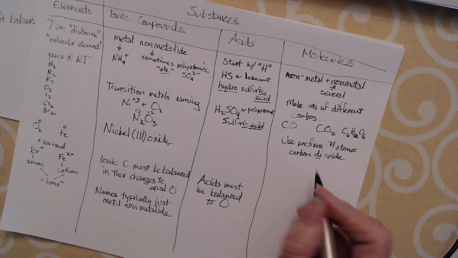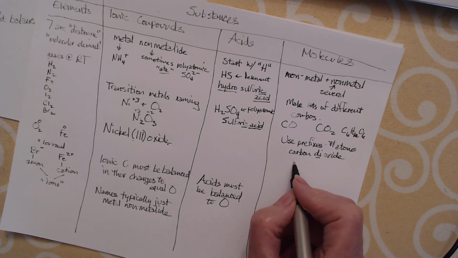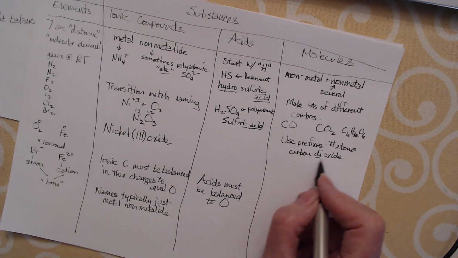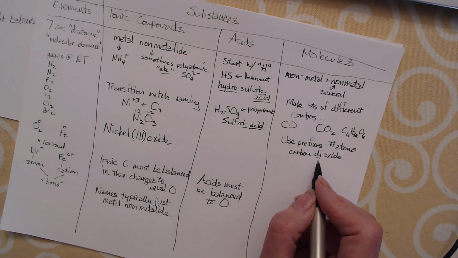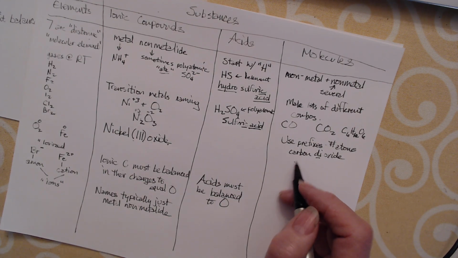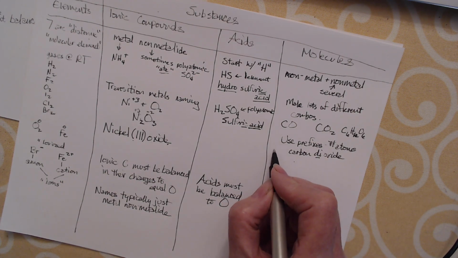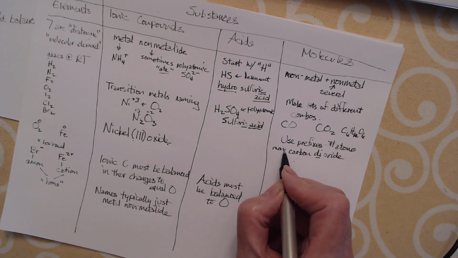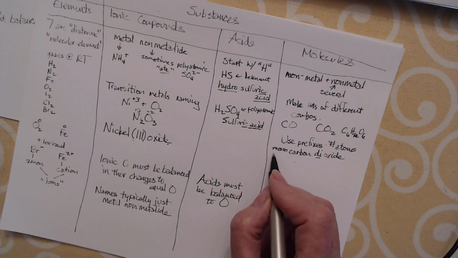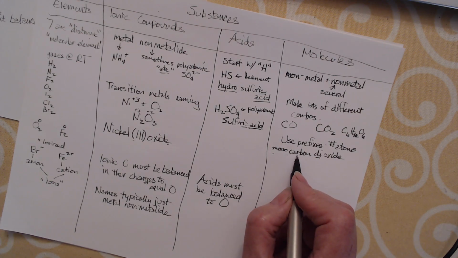All right, so you need to have memorized the whole list of 1 through 10 of what these prefixes are so that you can know what everything is. Most of them are pretty obvious to you. And the only other naming convention that you need to keep in mind is that we have a prefix of mono, but we never have that when we're starting off the name of something.